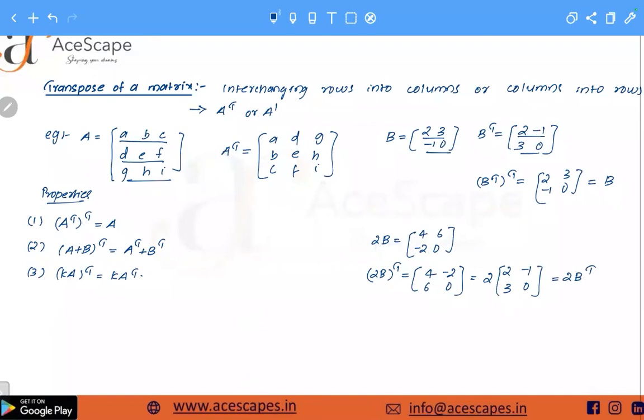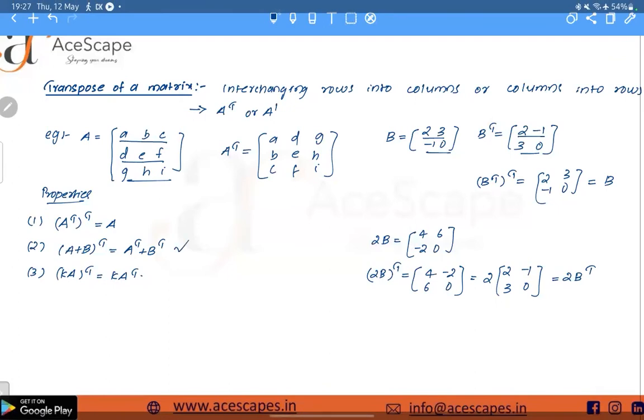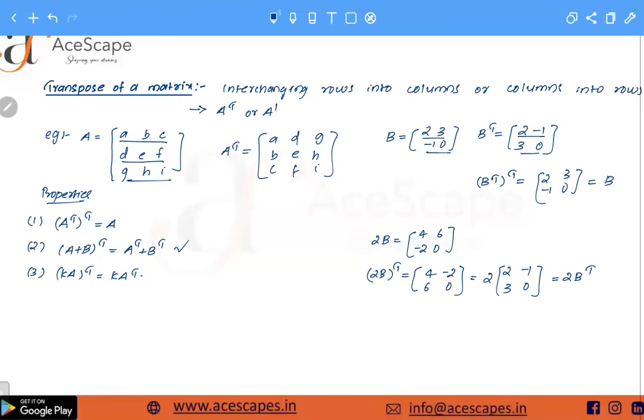So in general, the transpose of K into A is K into A transpose. Similarly, you can try this one at home. Take two random matrices A and B, take their transposes, and check whether the transpose of the sum is equal to the sum of the transposes of those matrices.